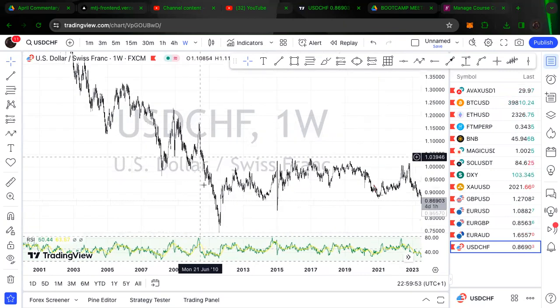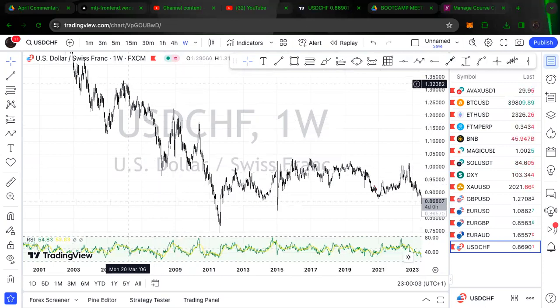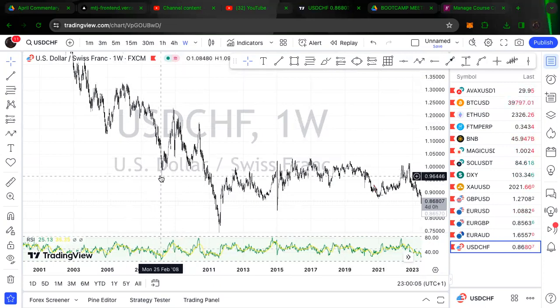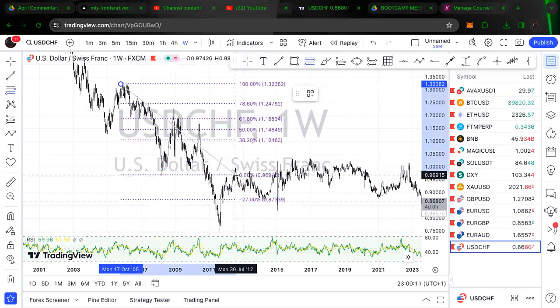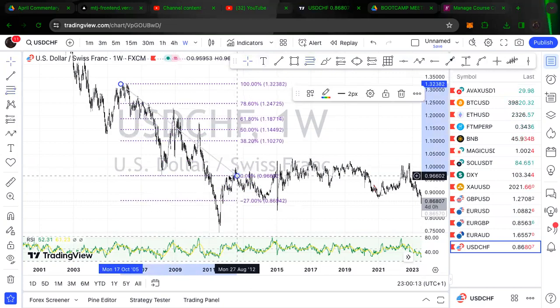This was the high that took out this low, right? So this is our next high. So let us draw our Fibonacci from the top to the bottom, from here to the lows here, right?